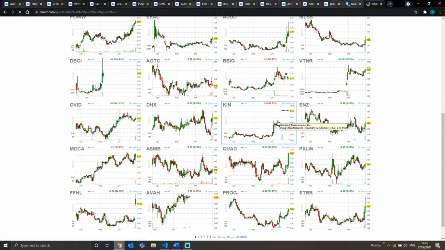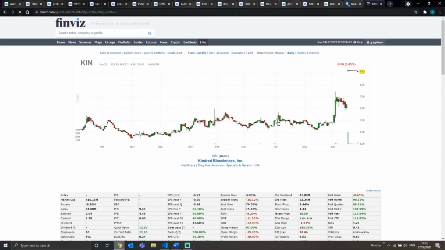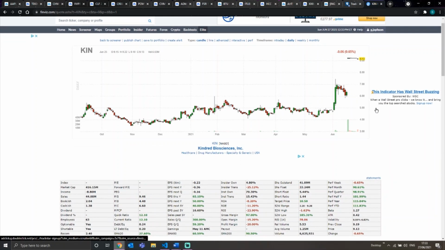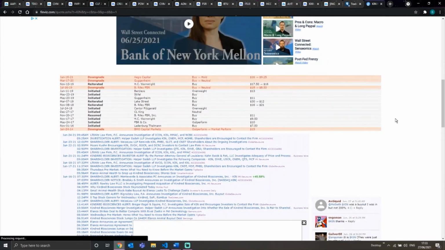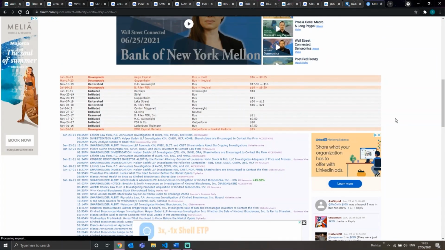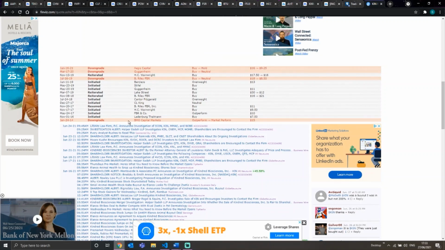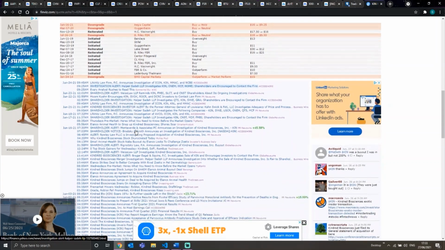And we'll take a look at Kin just because Father's asked. So this is obviously some madness that's going on in here, which could quite easily be a split or something. I don't know what they've done. They're getting investigated for something anyway.